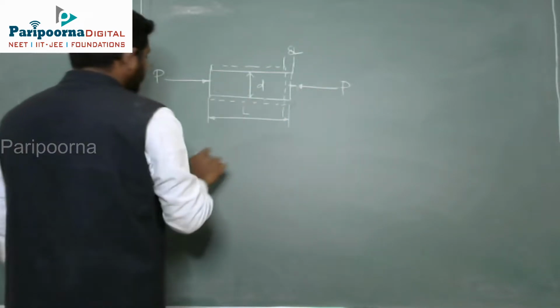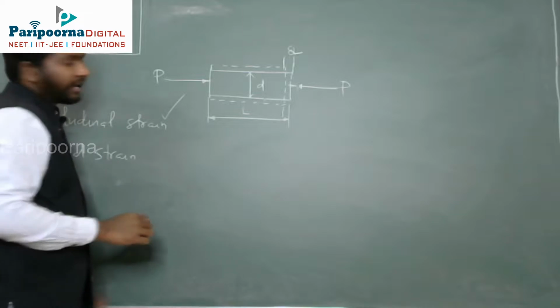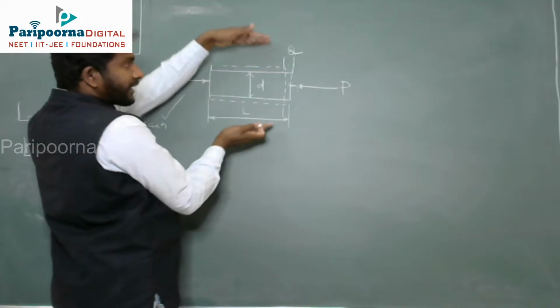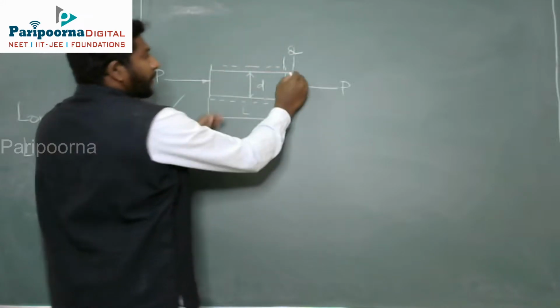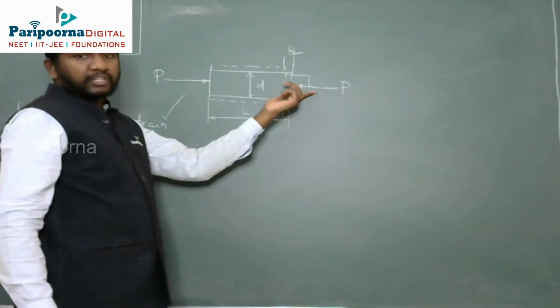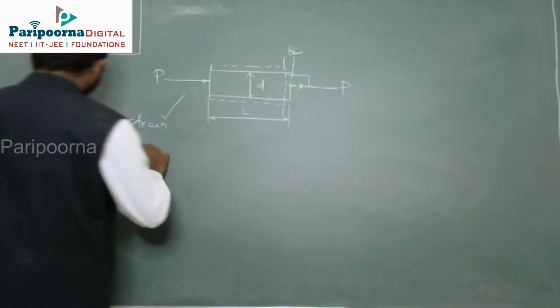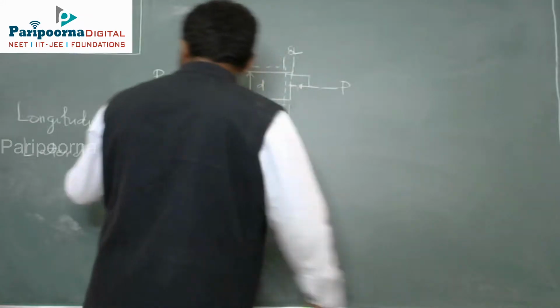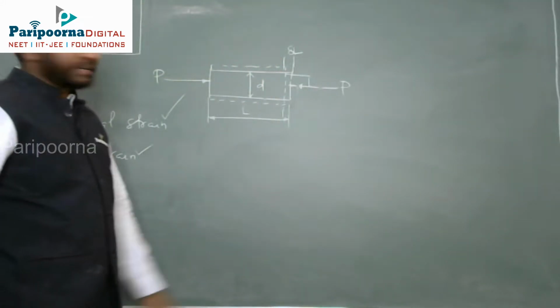That strain is nothing but longitudinal strain. At the same time, the diameter is increasing perpendicular, or at right angle, to the line of action of the load. That strain is lateral strain. I hope you understood what is longitudinal strain and what is lateral strain.